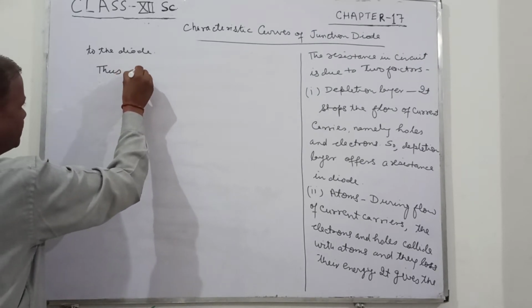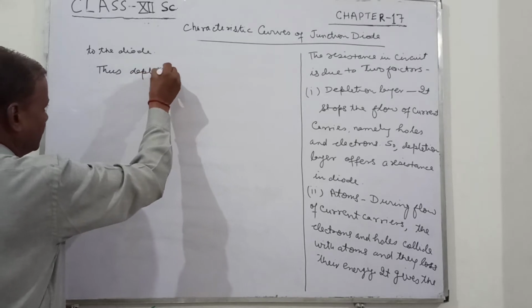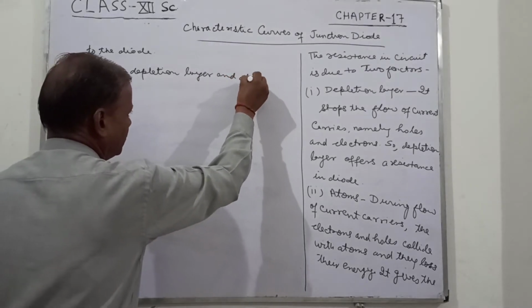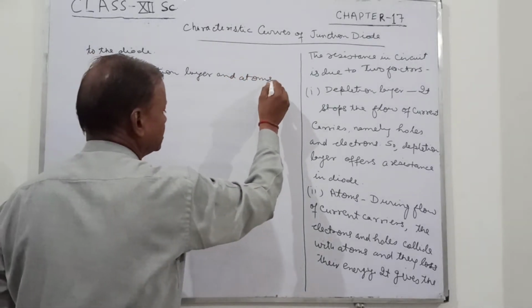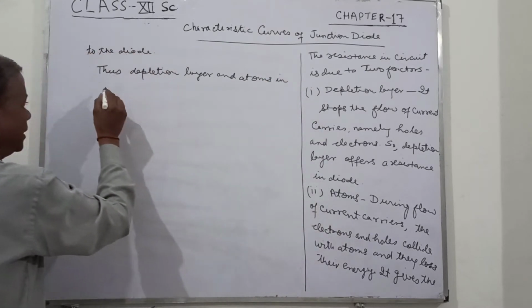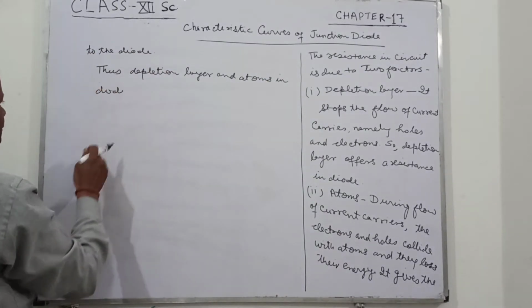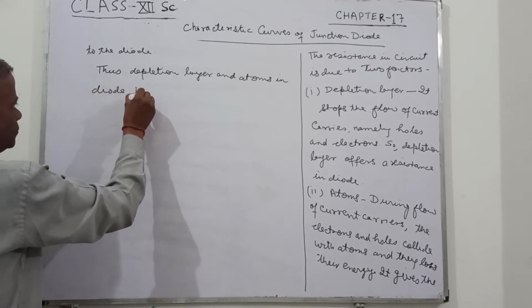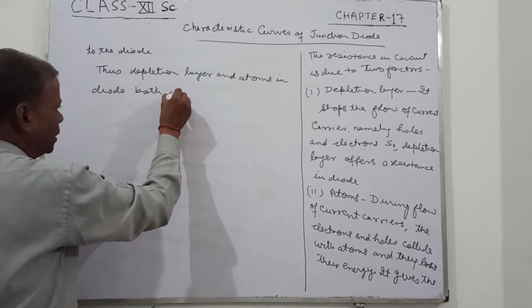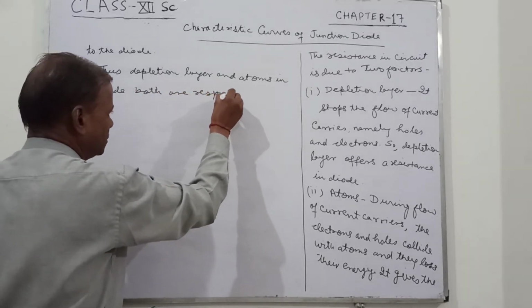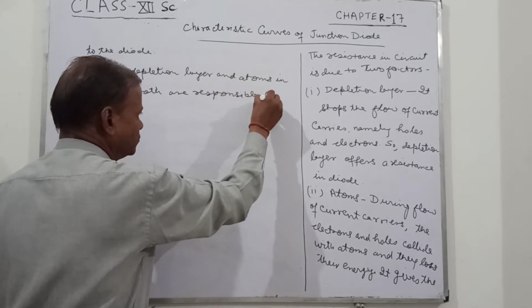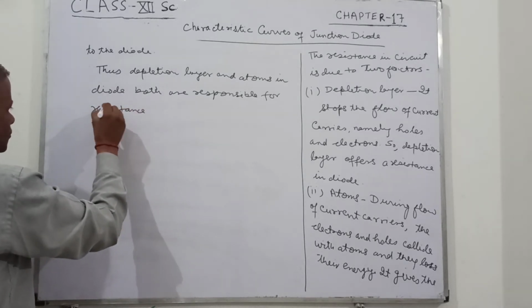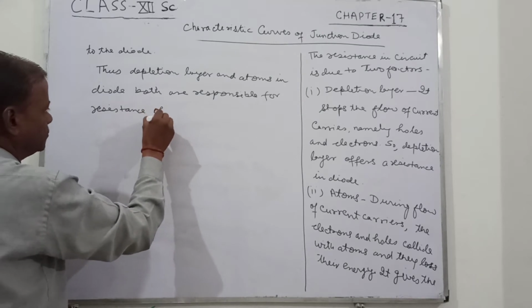Thus, the depletion layer and the atoms in the diode both are responsible for resistance of diode.